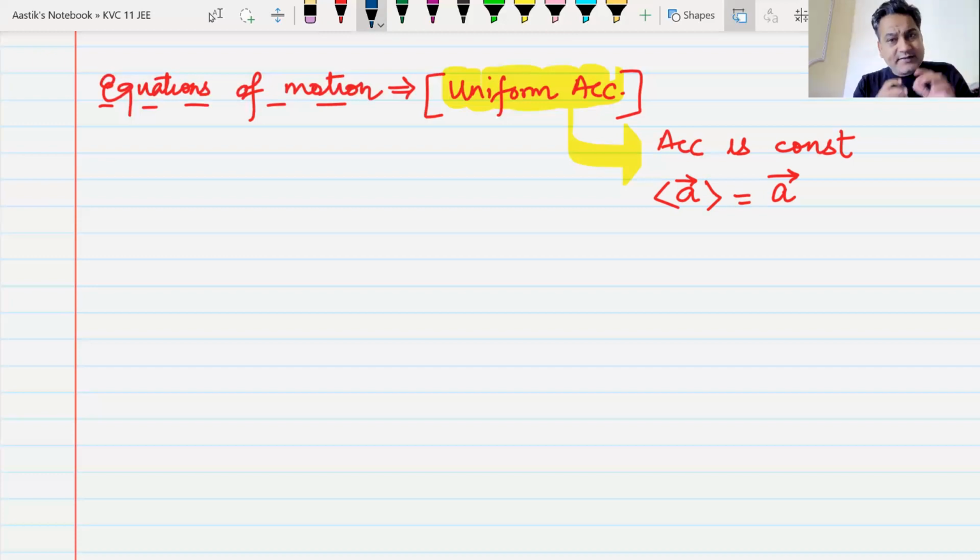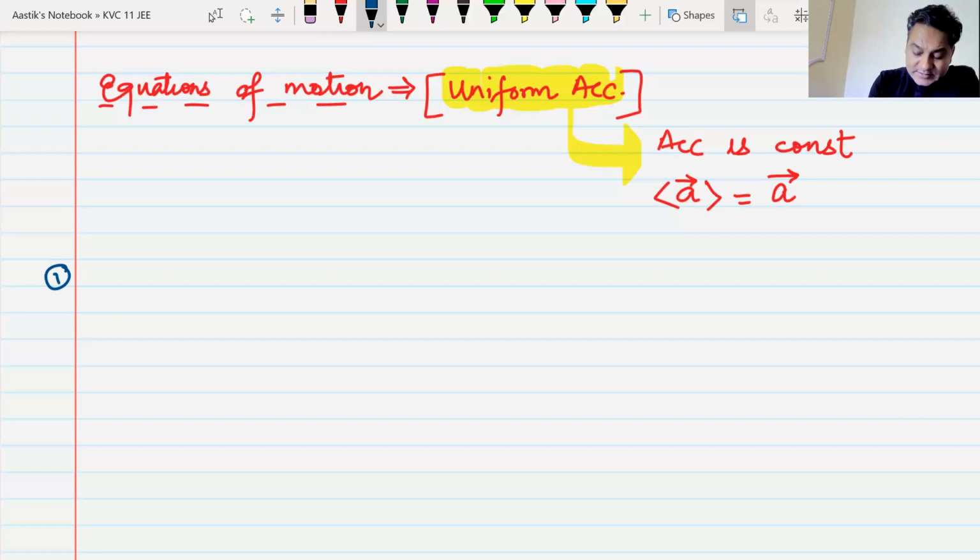Whether you can write it for x-axis, or you can write it for y-axis, or you can write it for z-axis. Do we understand this?